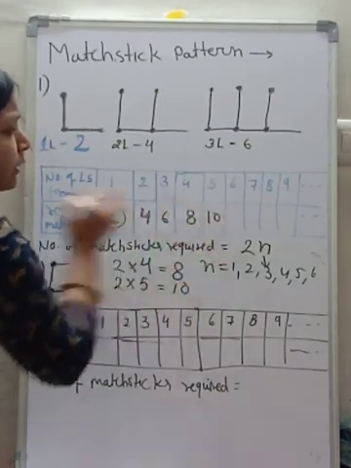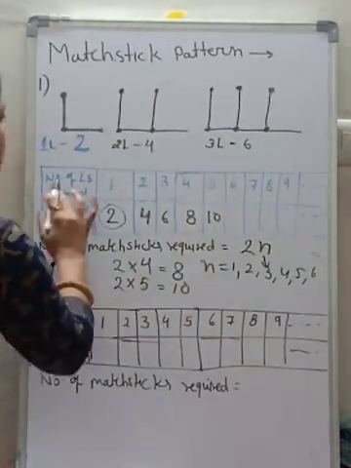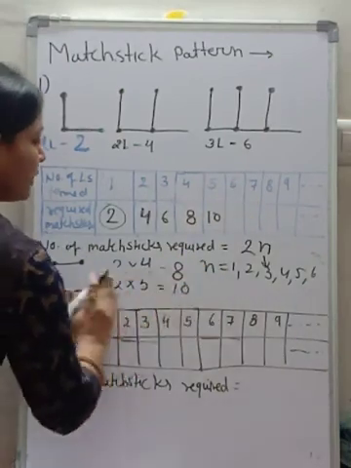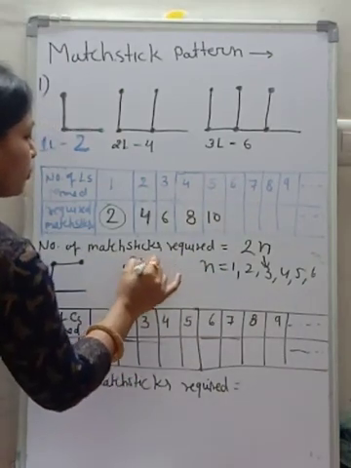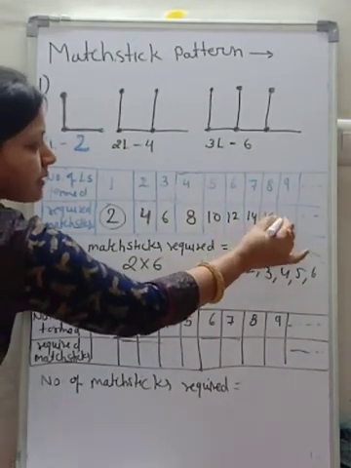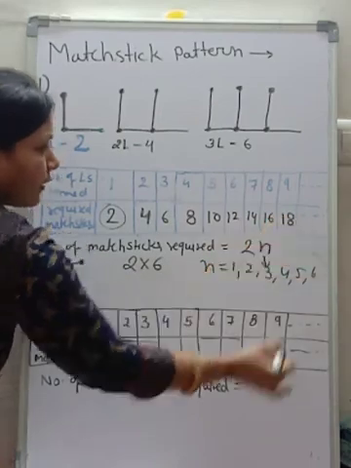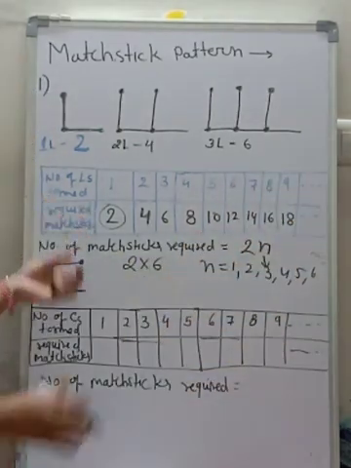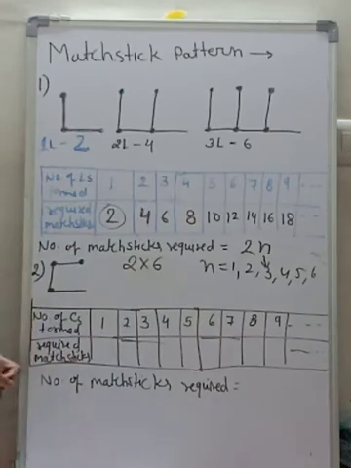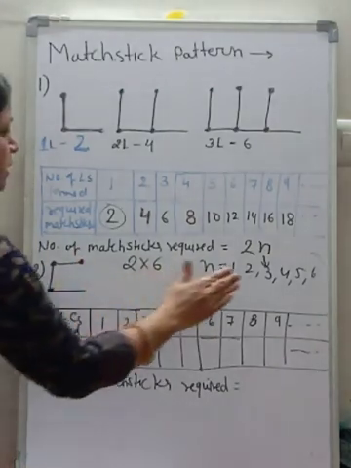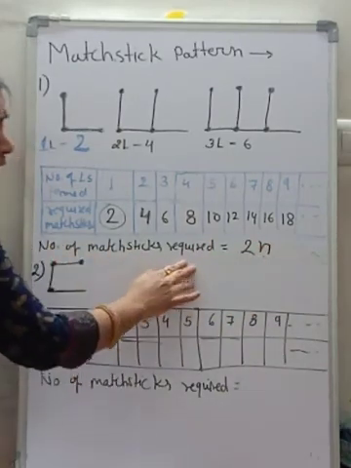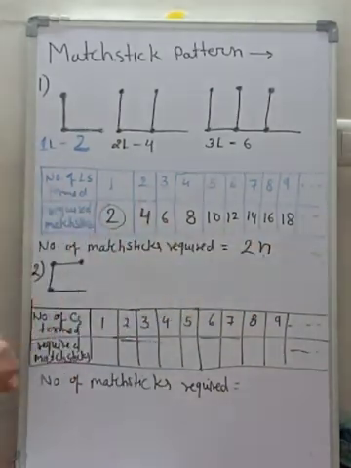Similarly for 6 L's, 2 into 6 is 12. Then 14, 16, 18, and so on. So you can find the matchsticks required for any number of L's. The formula is 2n.